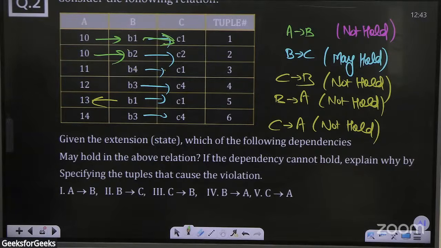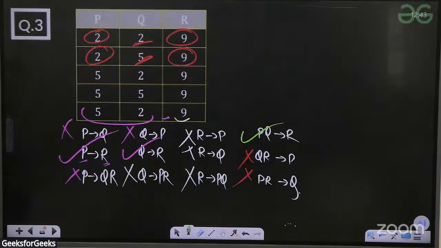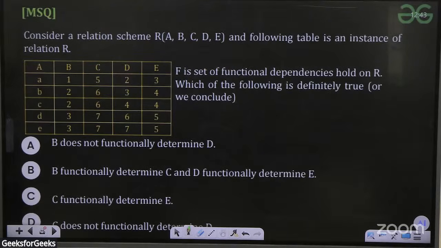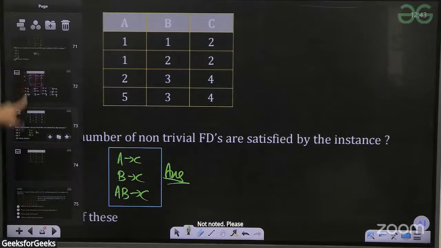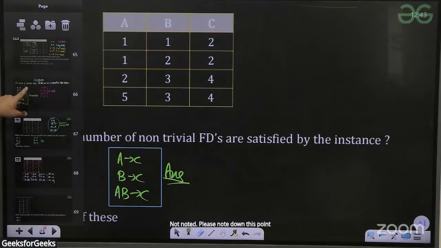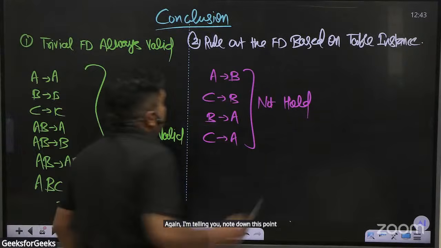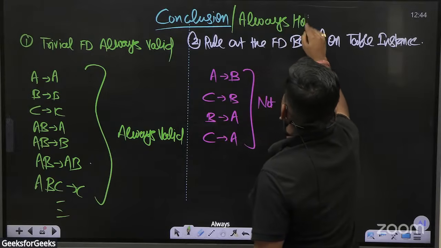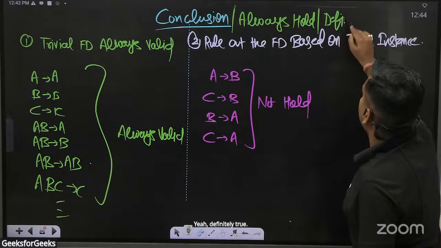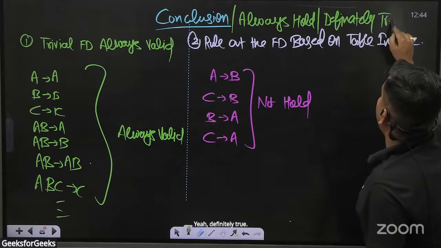In that PYQ, yes, coming to that question. Please solve this MSQ. Noted? Not noted. Please note down these points. Again I am telling you, note down these points. Conclusion: always hold, definitely true.